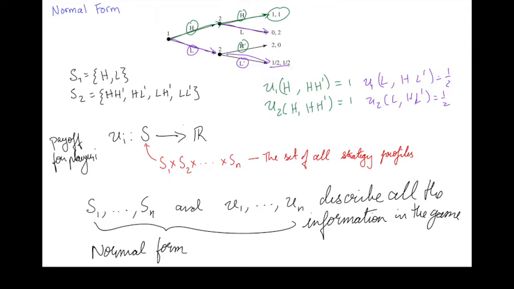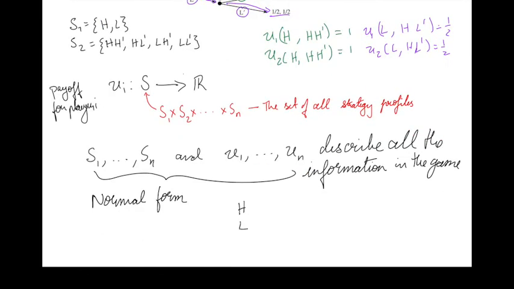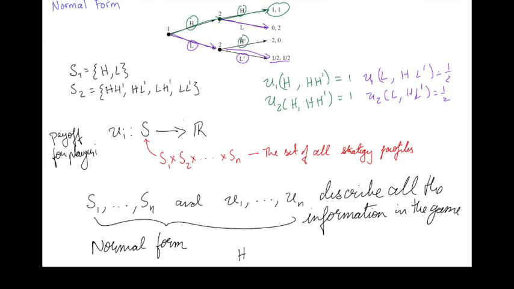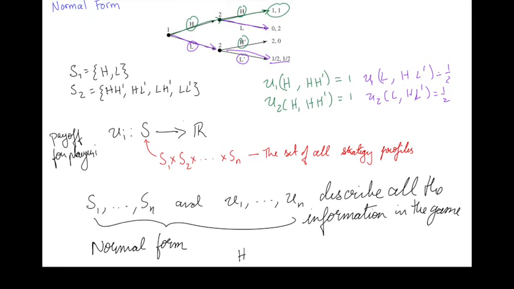What you do is you write down the rows correspond to player 1. So player 1 has two different strategies. Player 2 has four different strategies. Remember they're H H prime, H L prime, L H prime, L L prime.